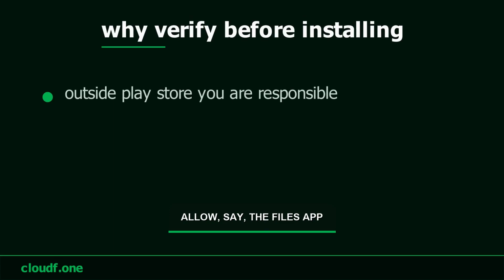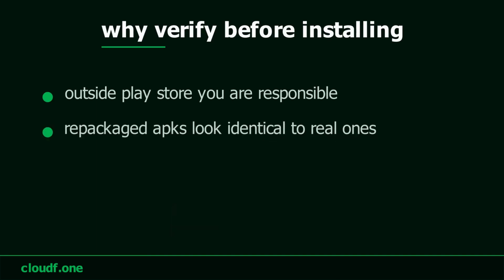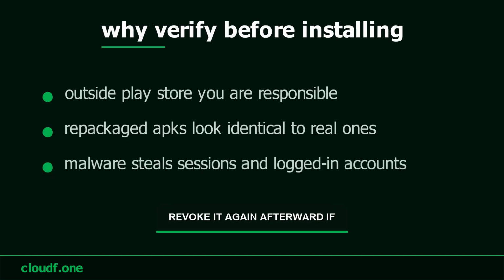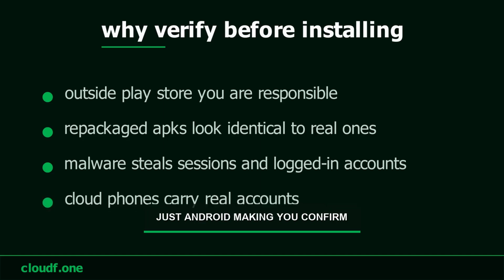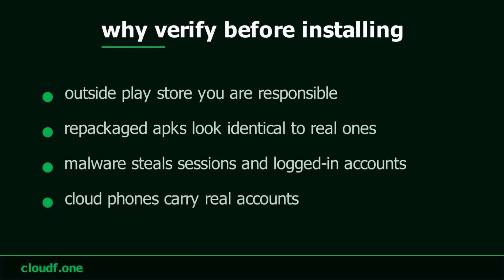So you allow, say, the Files app or the browser to install APKs rather than flipping one big global switch. Grant it to the specific installer you are using, do the install, and you can revoke it again afterward if you want to keep the phone tight. This is normal and expected for any sideload. It is just Android making you confirm you meant to do it.